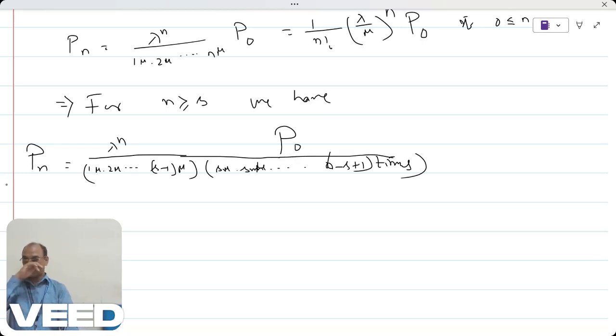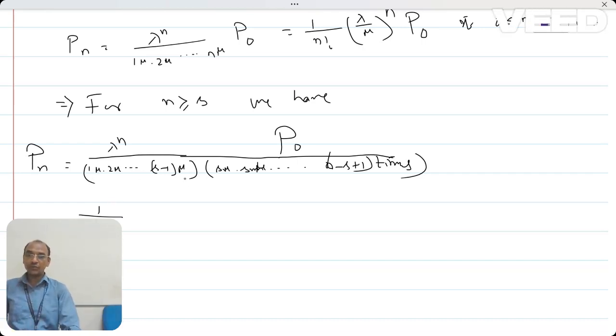If we rewrite this again, 1 2 3 up to s minus 1 is 1 by s minus 1 factorial. Now you see mu appears s minus 1 times, so I will have mu to the power s minus 1. And then here I will have s mu up to n minus s plus 1 times.